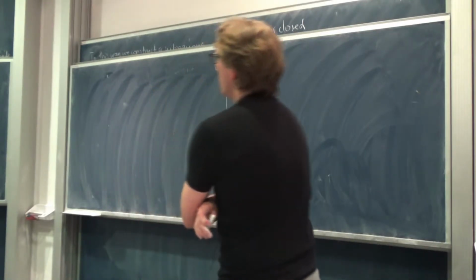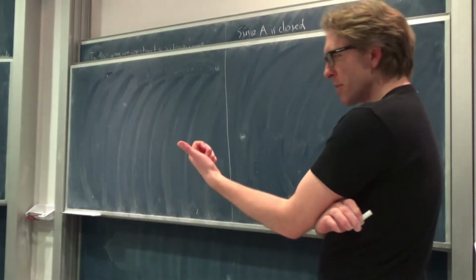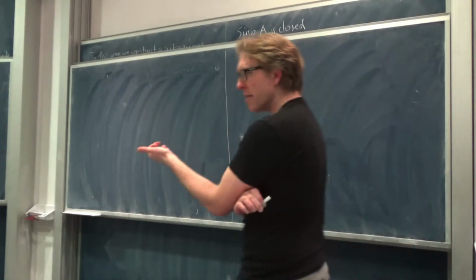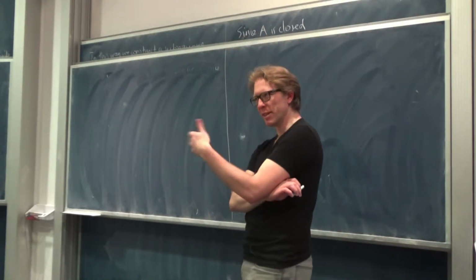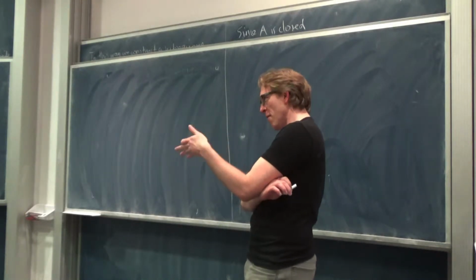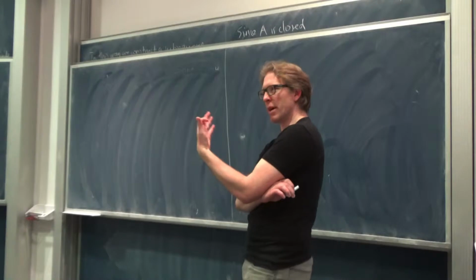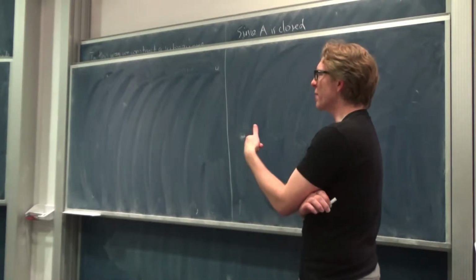Well, the first thing that's a bit annoying is we don't have a statement for closed and bounded subsets of Rn, right? So we should be able to say a subset of Rn is compact if and only if it's closed and bounded. We should be able to prove that.